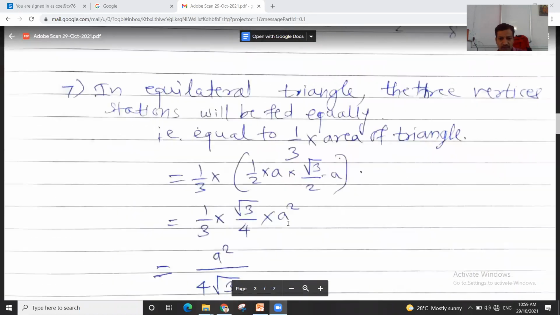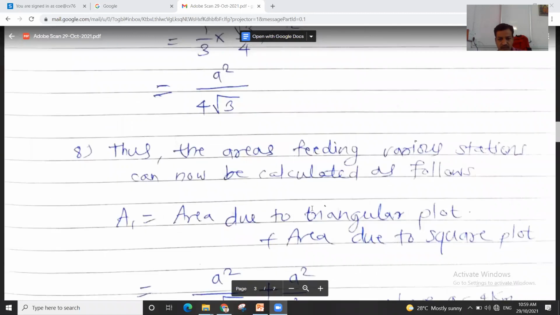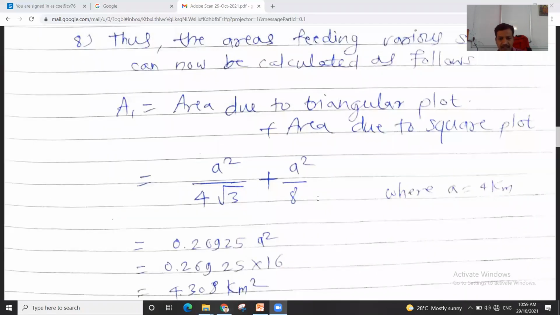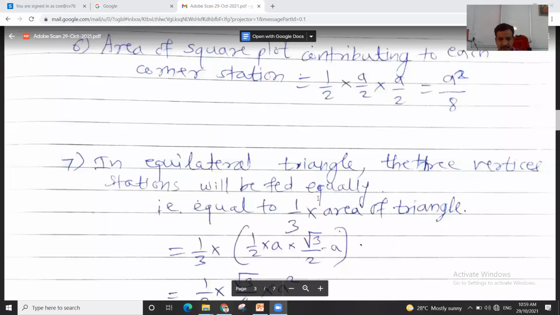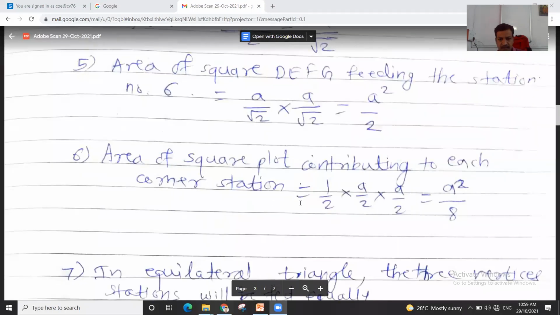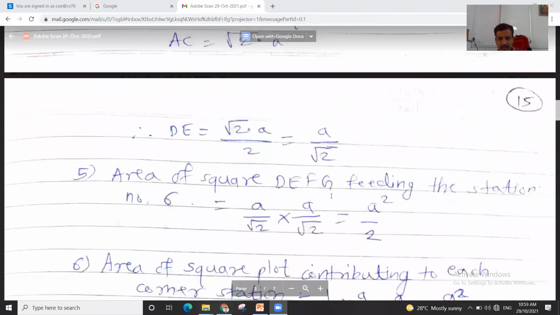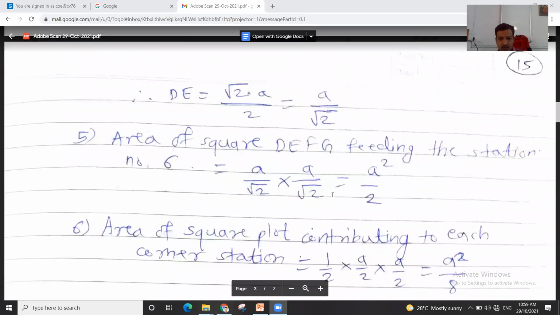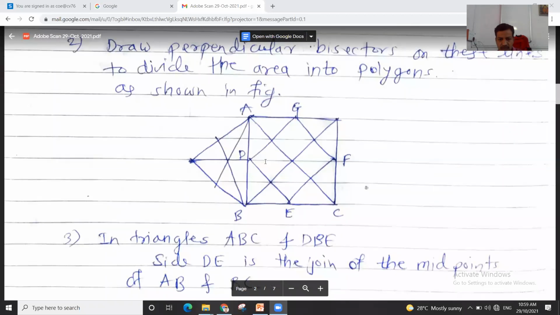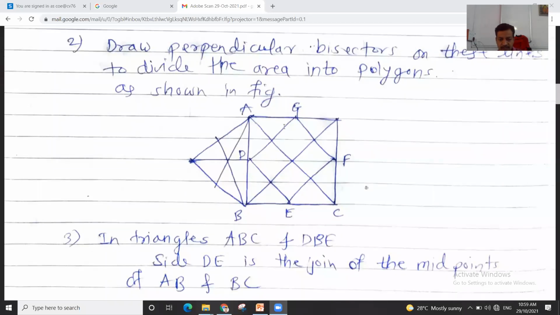Area of the square plot that we have calculated a square by 8. इथे दिलेलं आहे, square by 8. Area of square DEFG किती? a square by 2. Area of the square DEFG a square by 2.